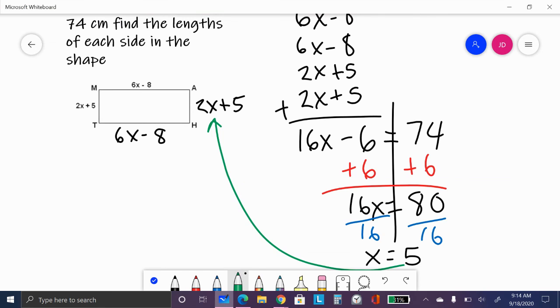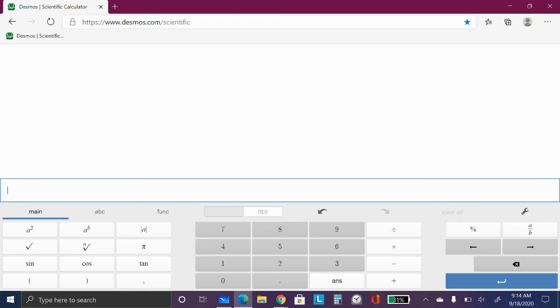So this side is 15. That means that this is 15. That means this is also going to be 15. What's 6 times 5 minus 8? 6 times 5 is 30. Minus 8 is 22. But again, you can do it here. 6 times 5 minus 8 is 22.